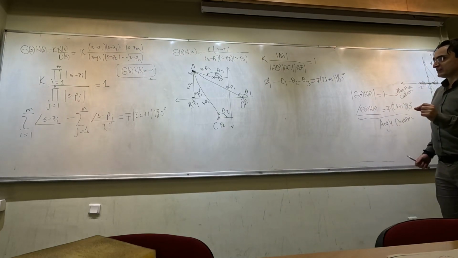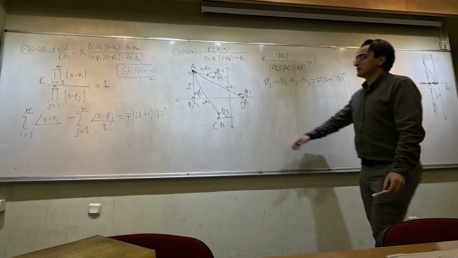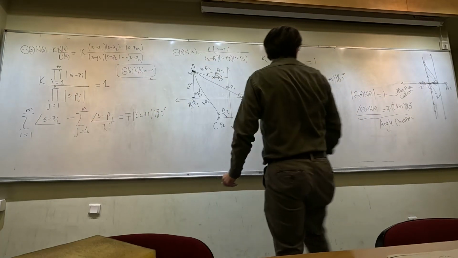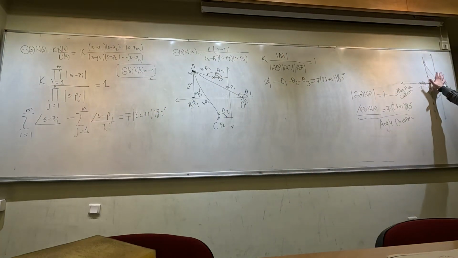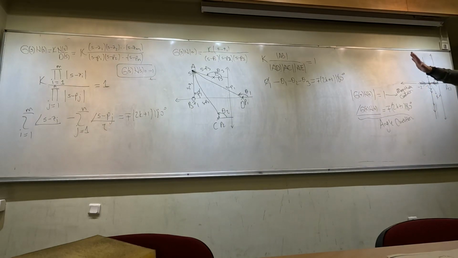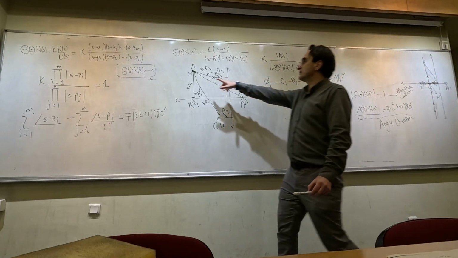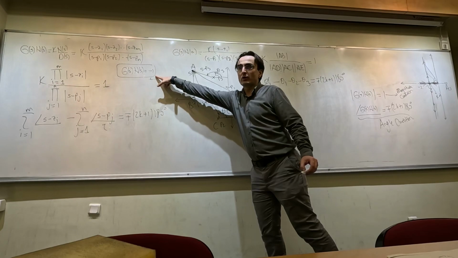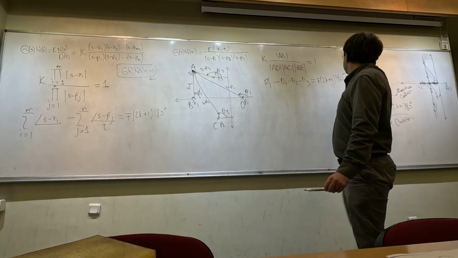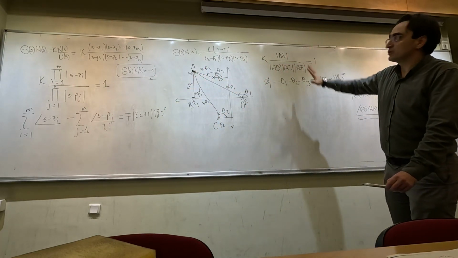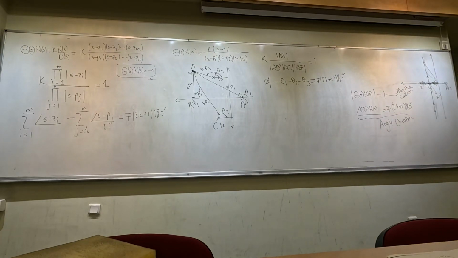For an S point to satisfy this equation, or for an S point to be inside the root locus, we need to satisfy these equalities. For a test point to satisfy this equation, or to be inside the root locus, I need to satisfy these equations for some positive k.